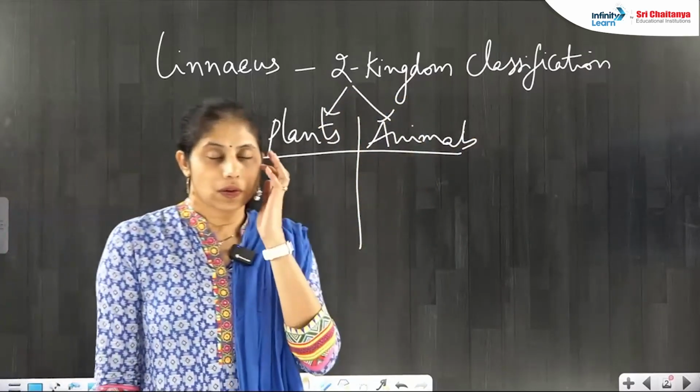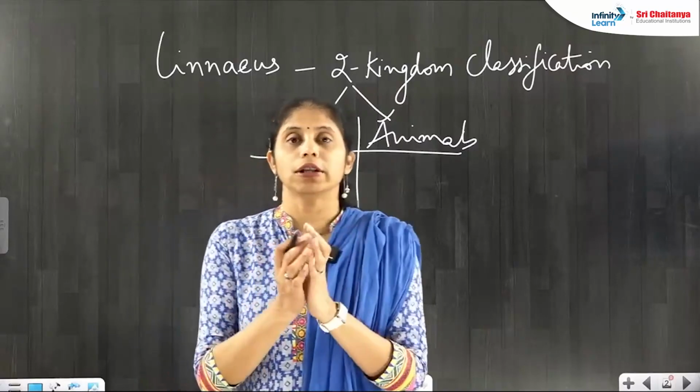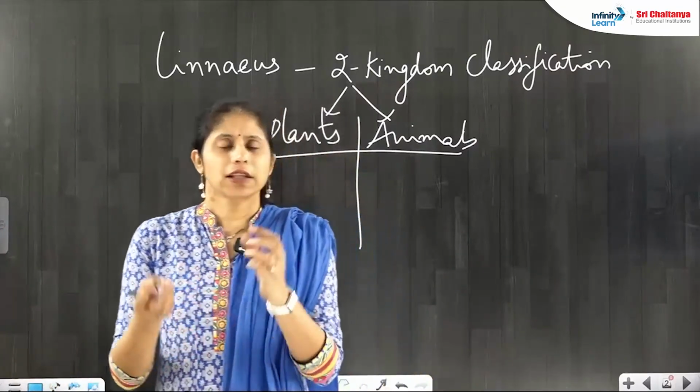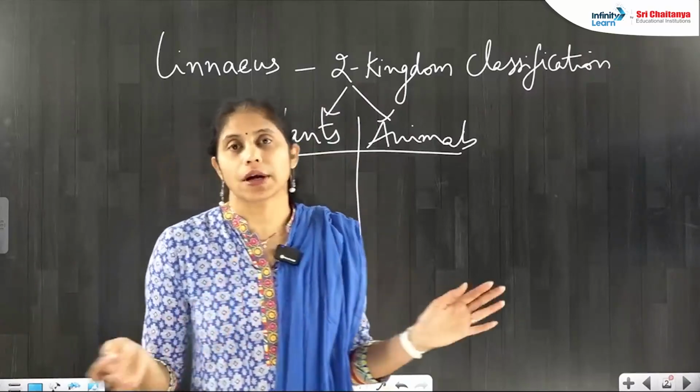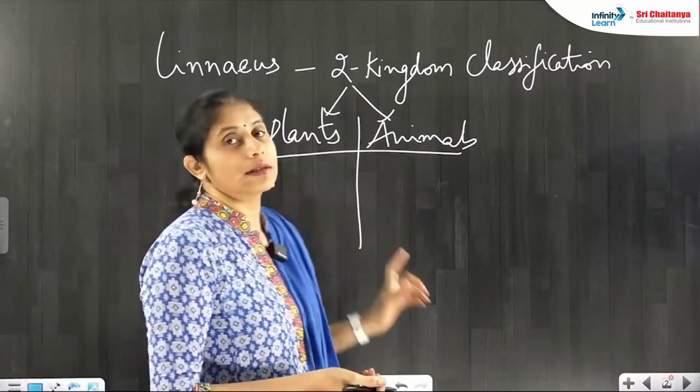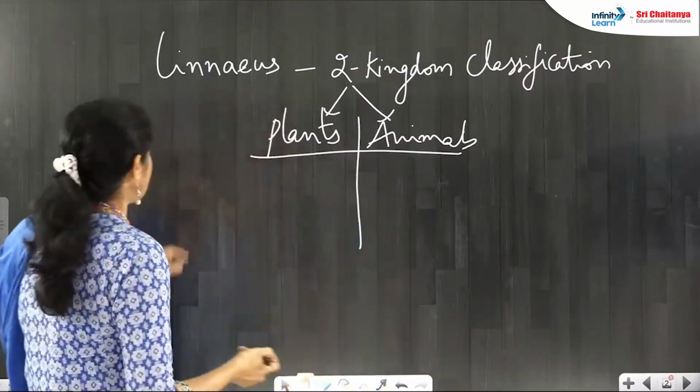So several scientists grouped all the organisms on the earth into two groups, plants and animals. It is very easy to understand. But they considered only one point for this classification.